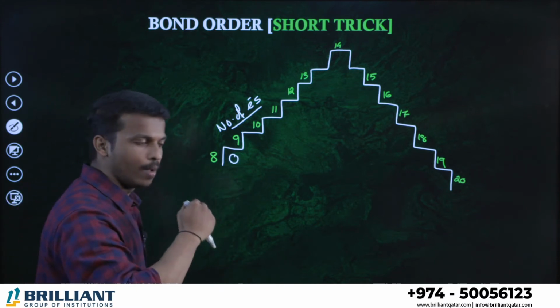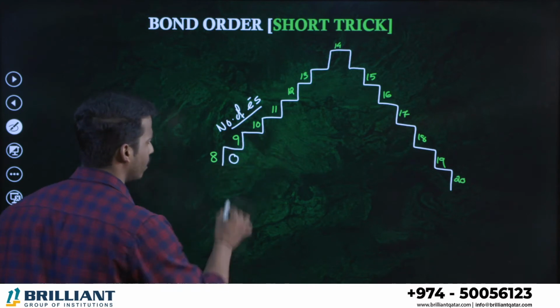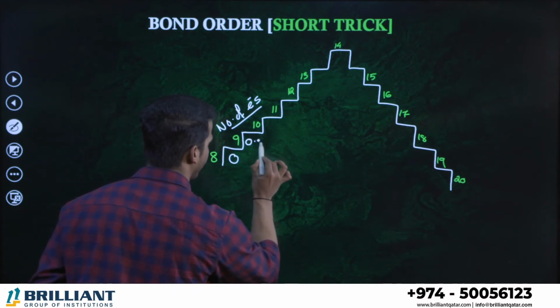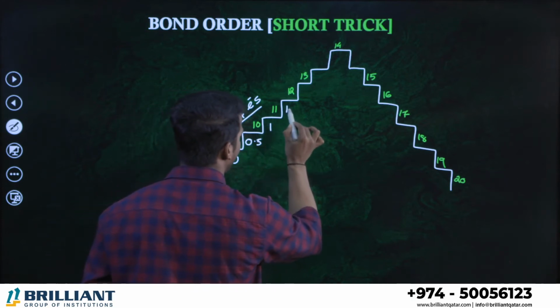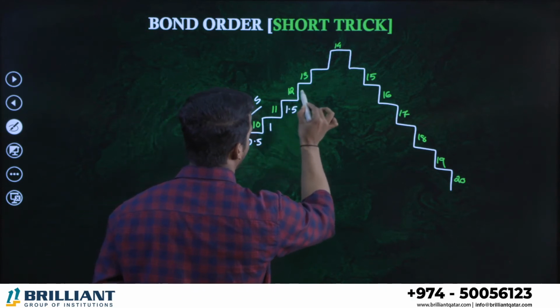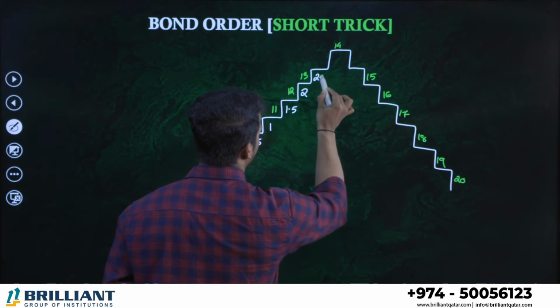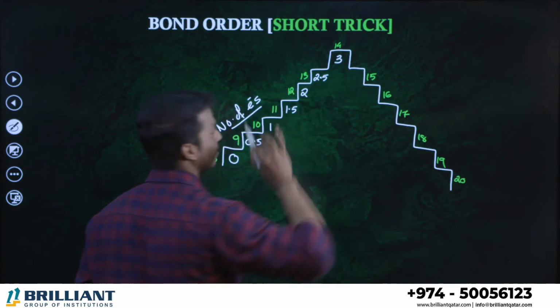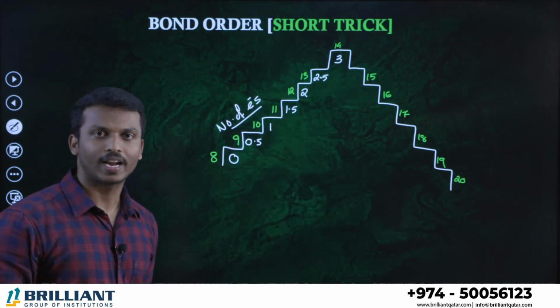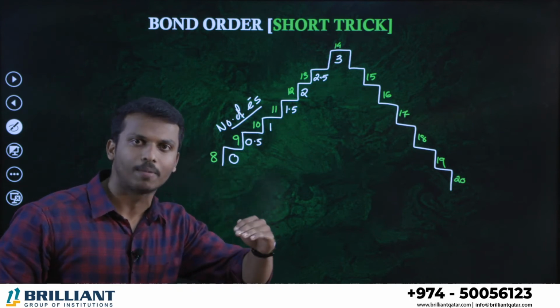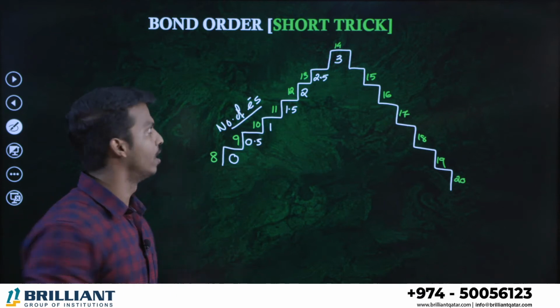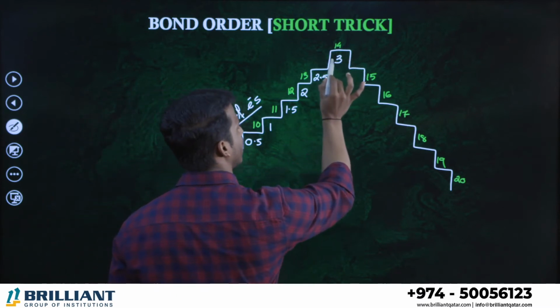Now you add 0.5 in each step. 0 plus 0.5, 0.5. 0.5 plus 0.5, 1. 1 plus 0.5, 1.5. Add 0.5, 2. Then 2.5. Here it is 3. Understood? Easy, right? So for the 8 electron system, bond order is 0, and in each successive step, just add 0.5. That's it. So up to the 14 electron system, 3 is the bond order.